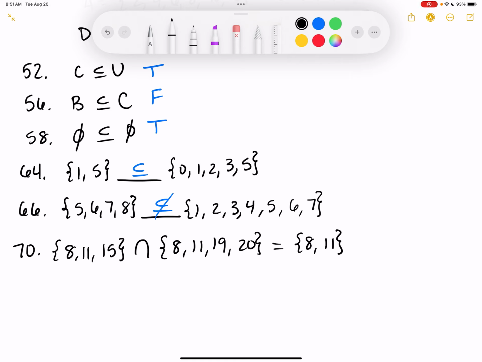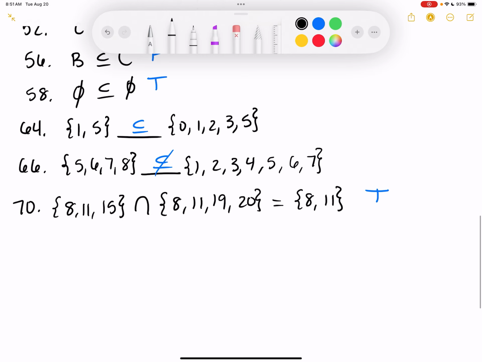So basically, we're looking to see, are 8 and 11 the only two things that are repeated in both of those sets? Yes, so this one would be true.